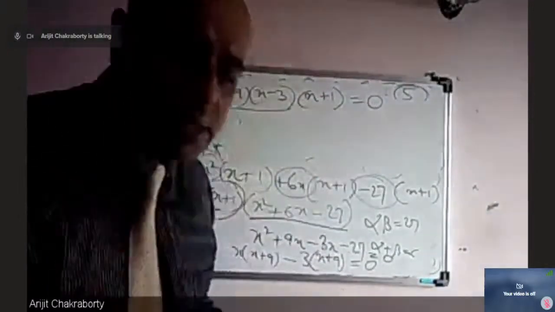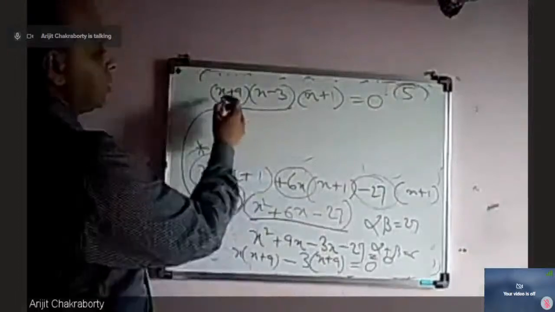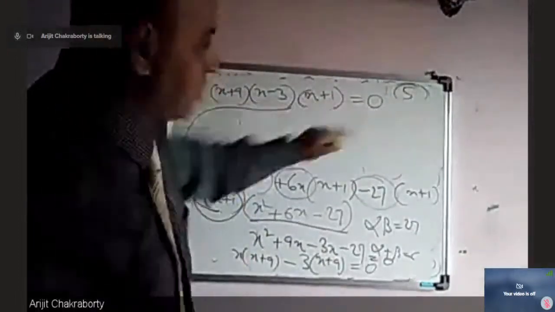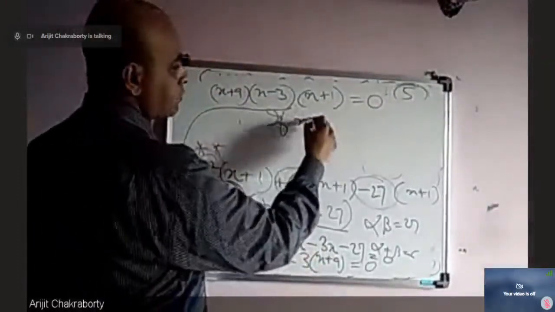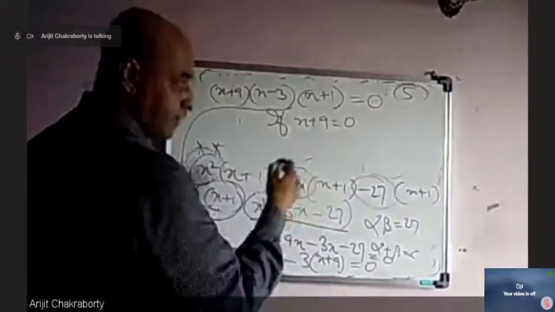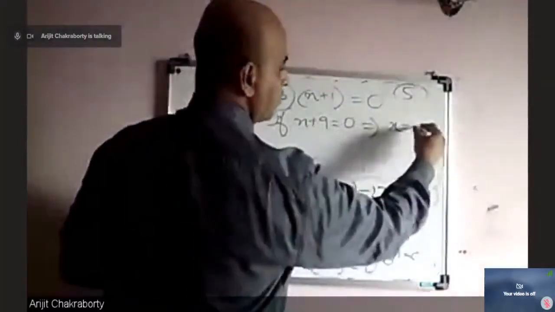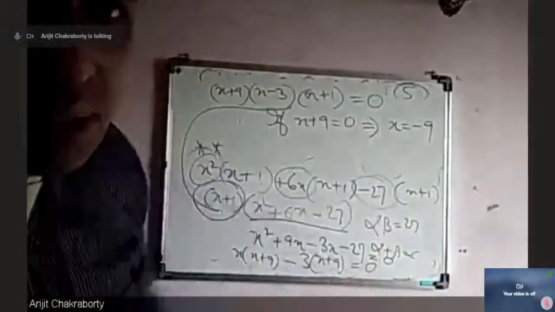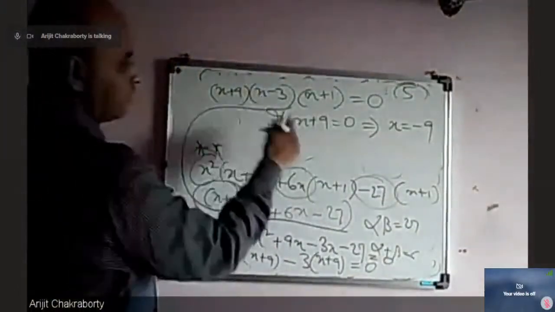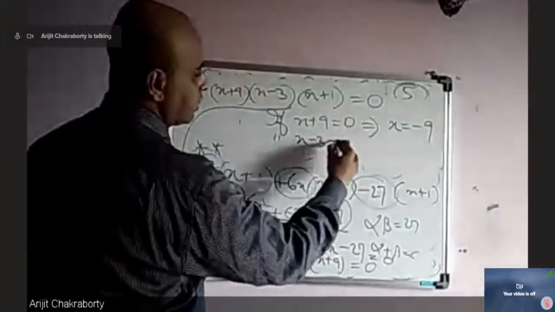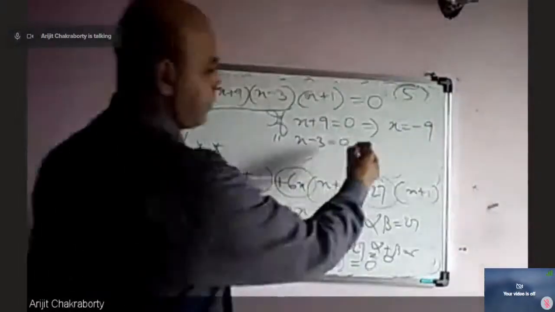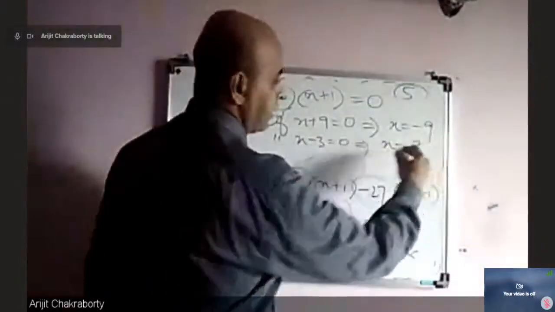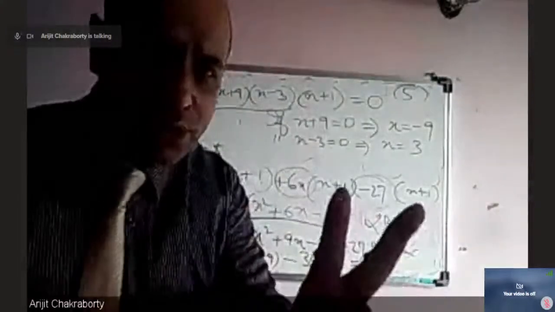Which means, what is the solution? If x plus 9 is 0, then x is equal to minus 9. First solution. If x minus 3 equal to 0, then x will be equal to 3. Second solution.